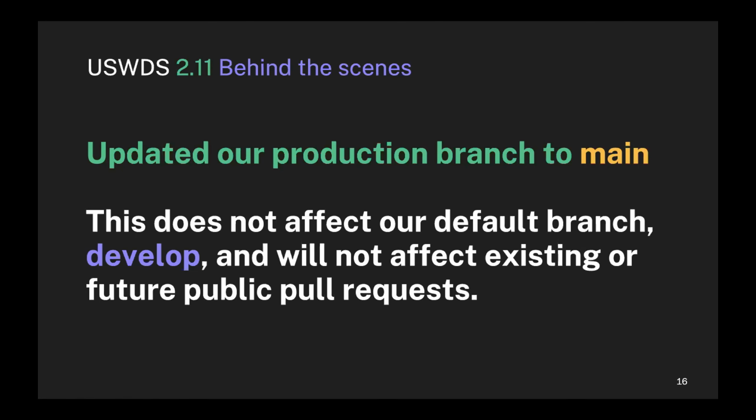That said, most folks will not even notice this change. This does not affect our default branch, develop, and will not affect existing or future public pull requests. GitHub links to the previous branch will be automatically redirected. So if you notice any problems related to this change, let us know. We don't expect any, but you never know.